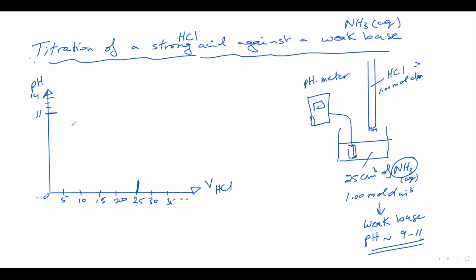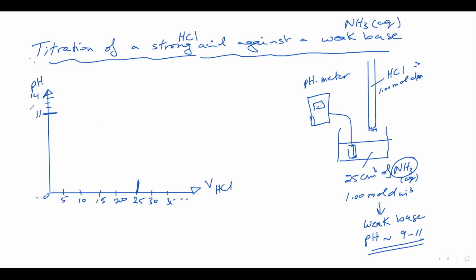I'm saying all this because you are going to be asked to draw pH titration curves, so you have to know where you are going to start. Afterwards, we will also do calculations to get the exact value, not just say between 9 and 11, and we put it on the plot. Take it step by step: we are starting with a pH of 11 because ammonia is a weak base.